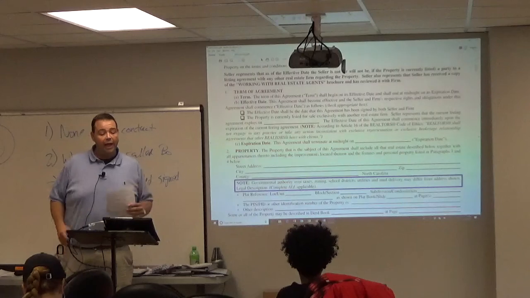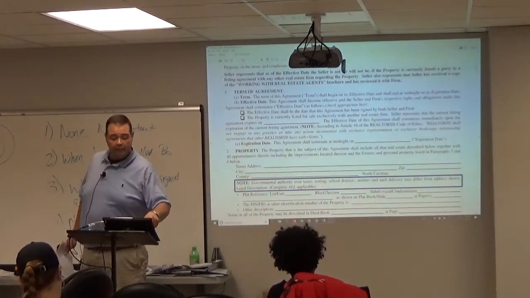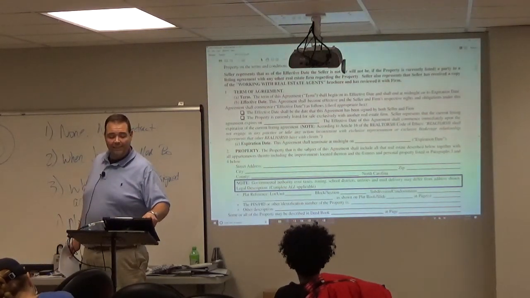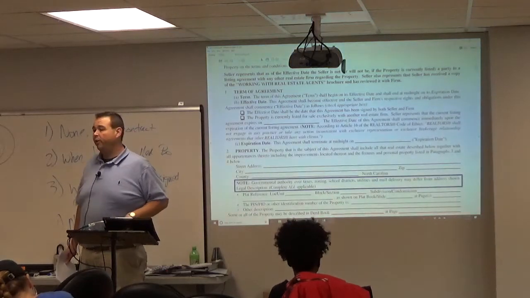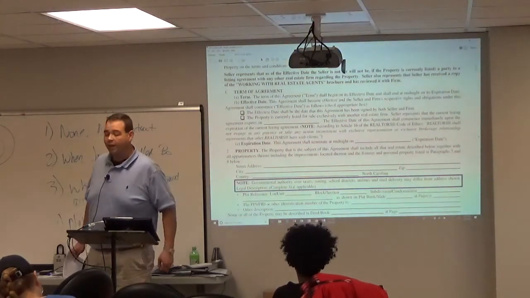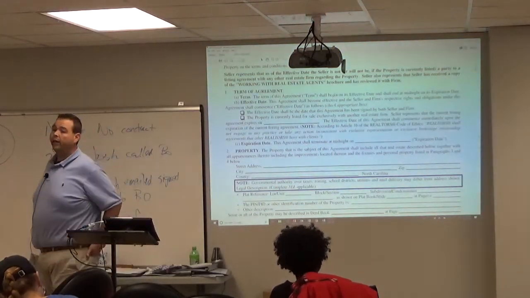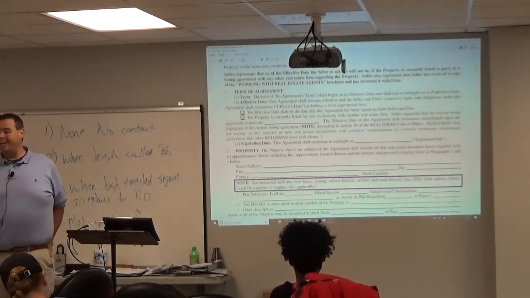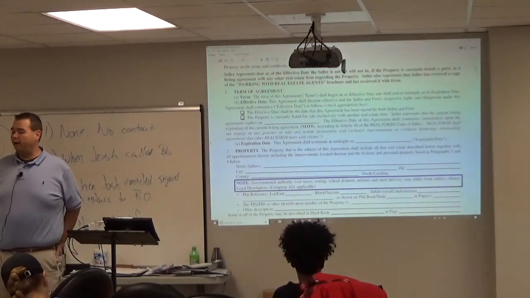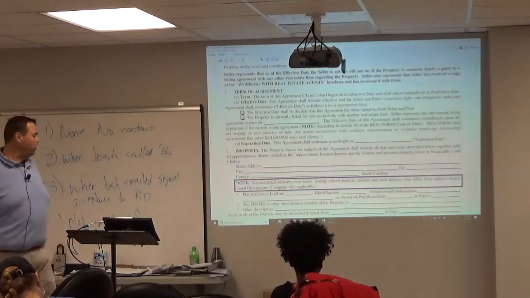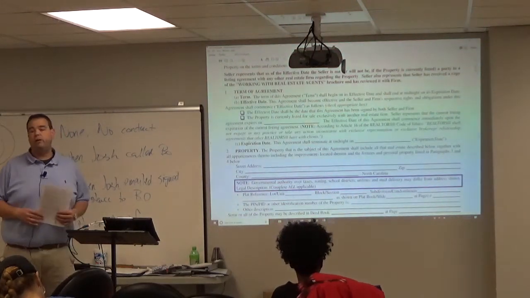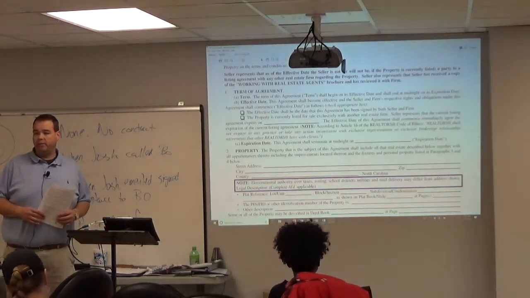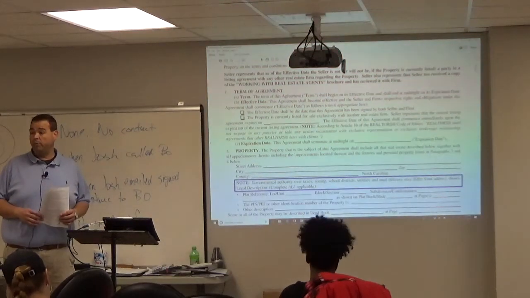And down at the very end of that paragraph 1 on line C, it says expiration date. This agreement shall terminate at midnight on, and you're expected to fill in the date that this agreement's going to expire. So right there it complies with rule number 1 from the Real Estate Commission that we must have an expiration date. Does that make sense to everybody?